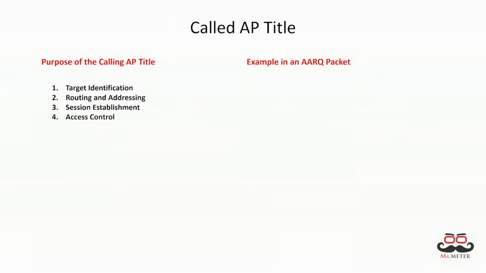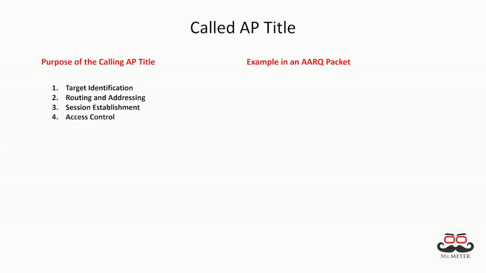The structure of the called AP title is as follows. The called AP title is typically structured as a unique identifier, which can be formatted in different ways depending on the specific protocol or system in use: a human readable name, an object identifier, or a distinguished name.